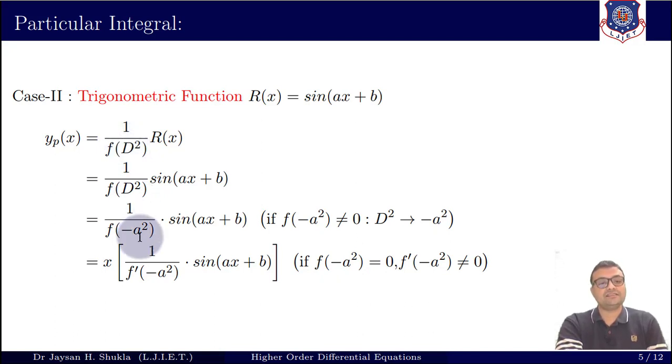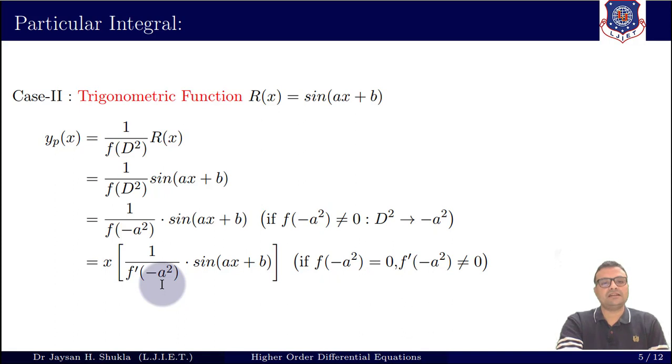The condition is that this f of minus a square should be non-zero. If it is 0, then take the derivative with respect to capital D, multiply outside by x, then again replace D square by minus a square. You can repeat this process until the denominator is non-zero.